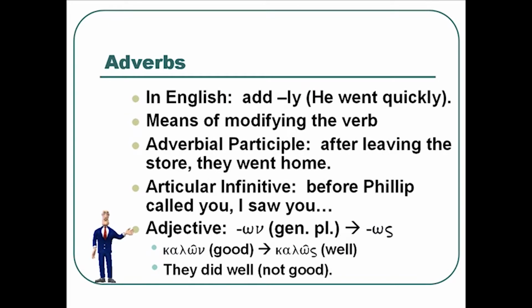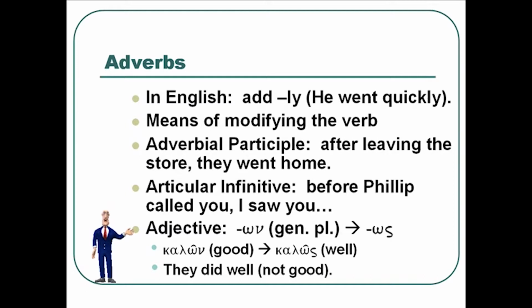The adjective now, with an omega nu ending in the genitive plural, is changed to an adverb by adding the omega sigma ending. So, for example, kalon, notice how you take the genitive plural form, which means good, is taken over to an adverb as kalos, which means well.